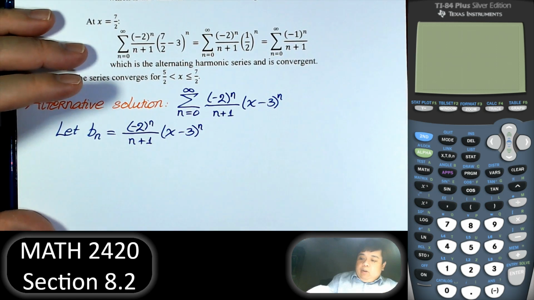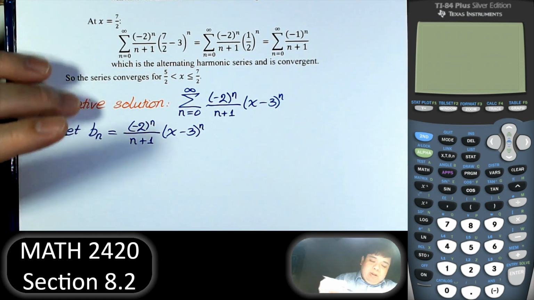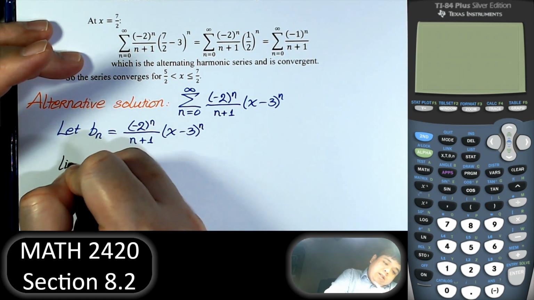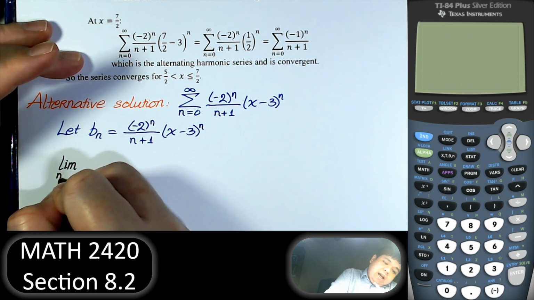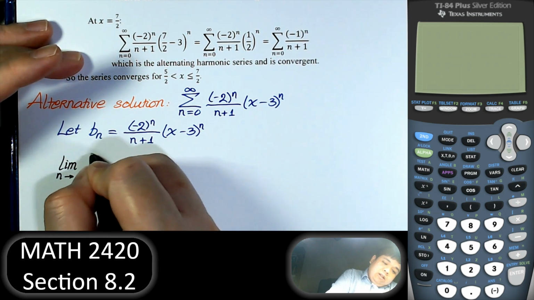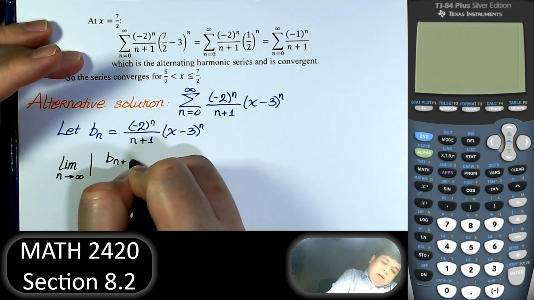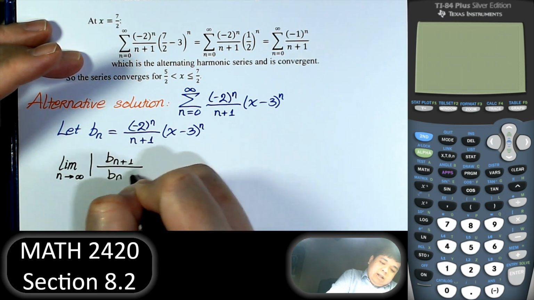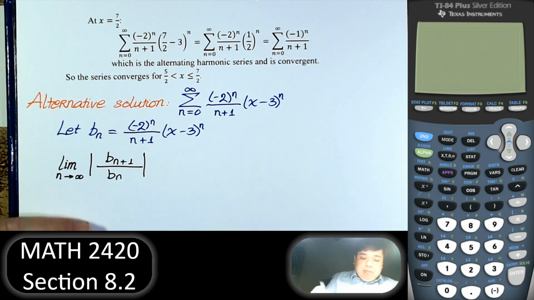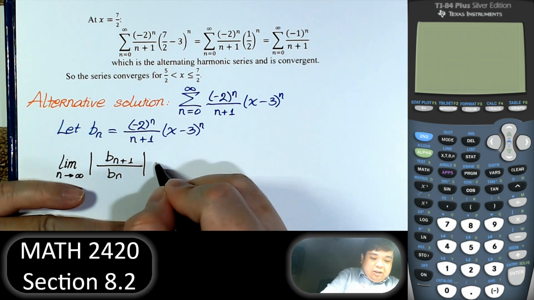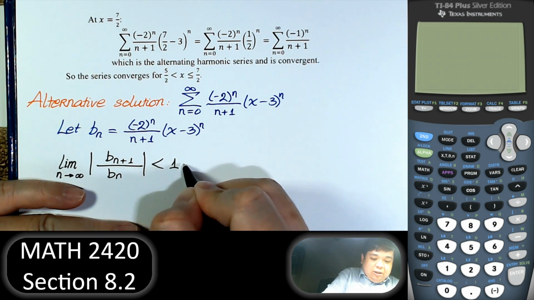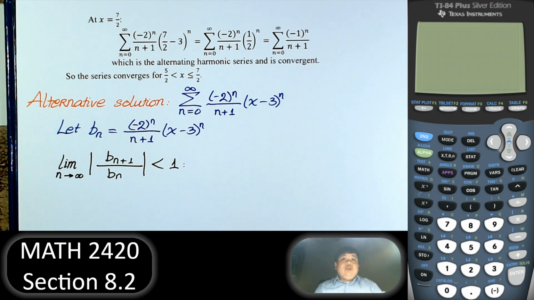Right. Now the ratio test, if we use this form, we take the limit as n goes to infinity of |b sub n plus 1 over b sub n|, and this has to be less than 1 for it to be convergent.